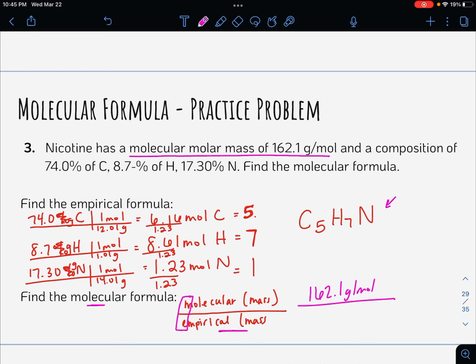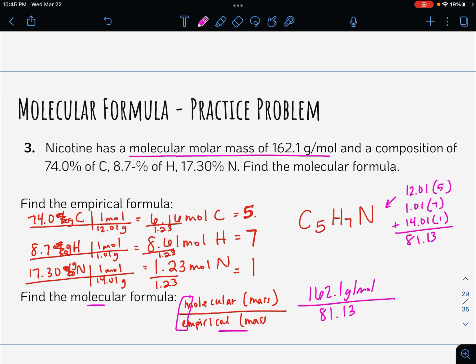Now I need to find my empirical mass. So remember, how are we going to do that? Well, this is my empirical formula, so I just need to add up all my carbons. I have 5 of them, 7 hydrogens, and then I just have 1 nitrogen. So we're going to add up all of those values, and I got 81.13.